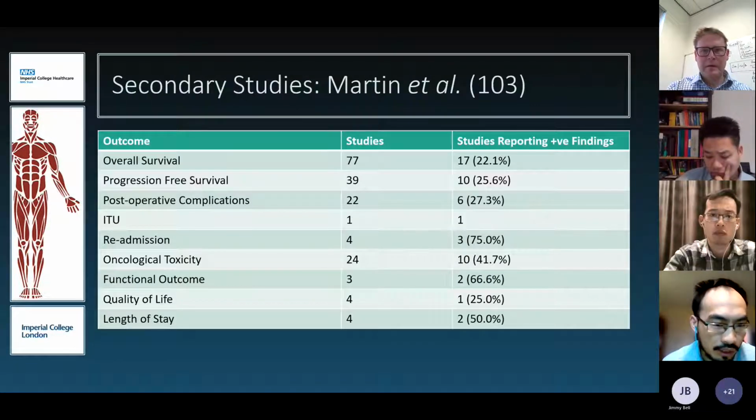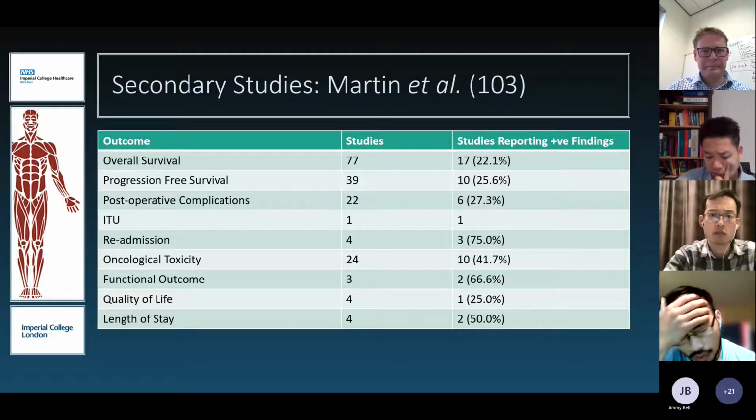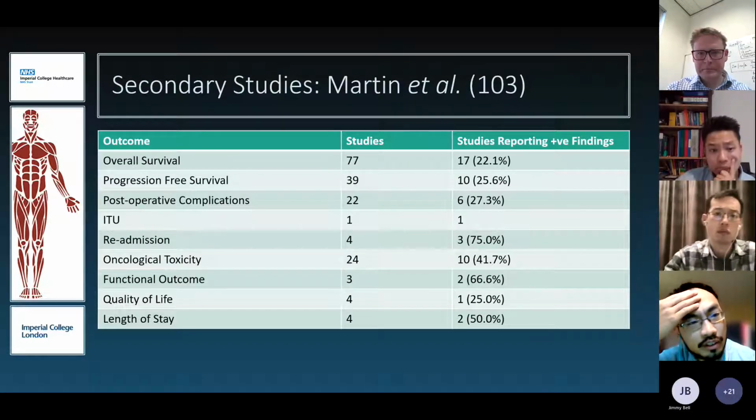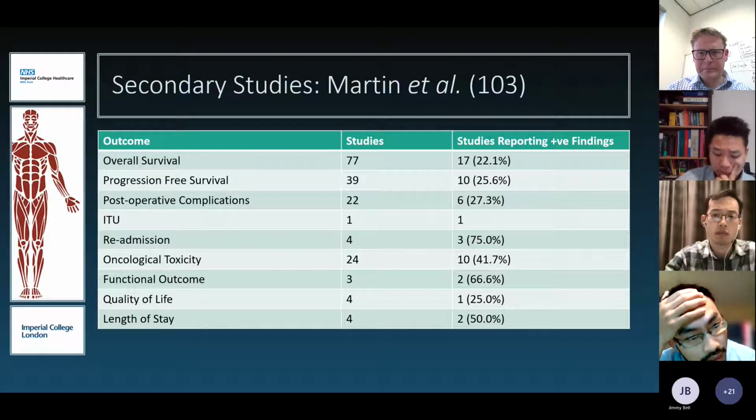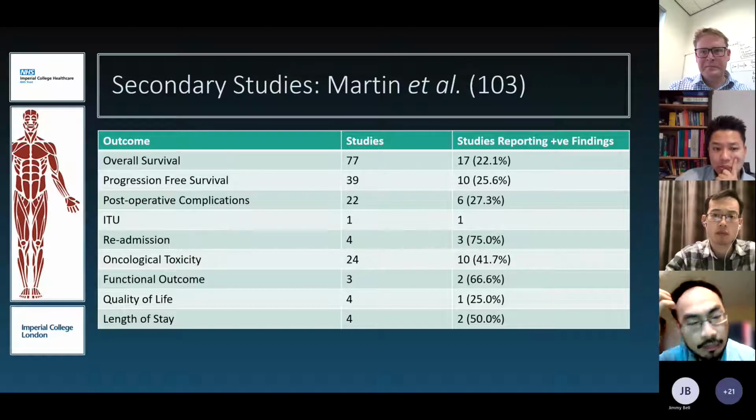So then we try and see if we can transfer, generalize some of these cutoff points to other studies. If you look at the studies that exclusively quote the Martin cutoffs, so these are the latest one from the 1,400 mixed population, you see the majority of them report on overall survival.